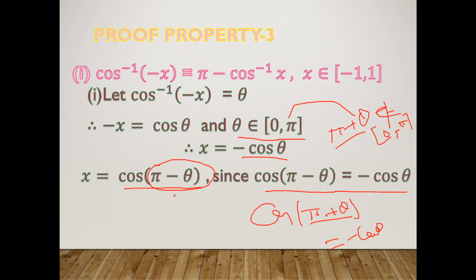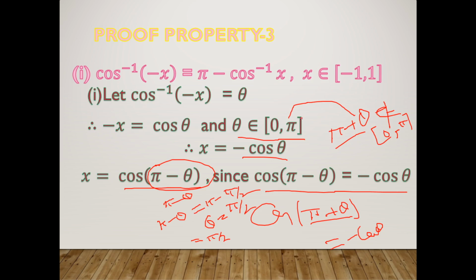So let us see pi minus theta. Suppose we take a particular value in this interval 0 to pi, say pi by 2. Because pi by 2 lies in this interval, pi minus pi by 2 is equal to pi by 2, and this pi by 2 belongs to the closed interval 0 to pi. You can take any other values also.